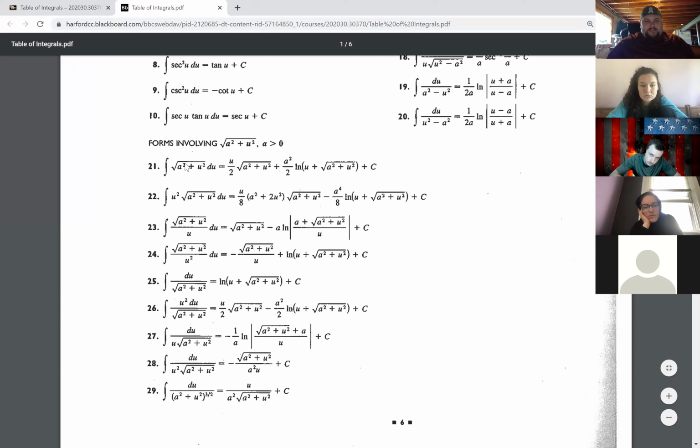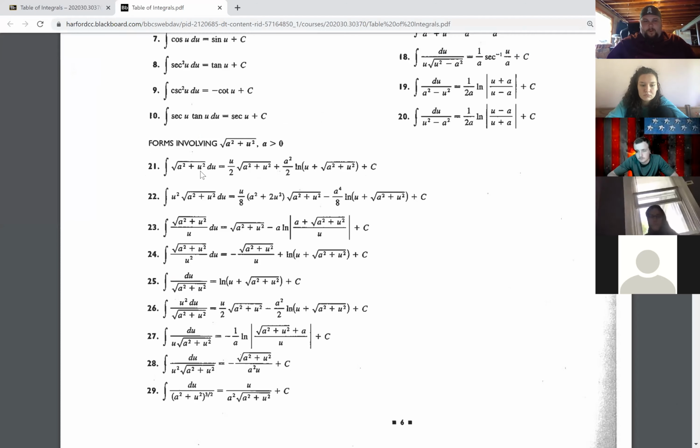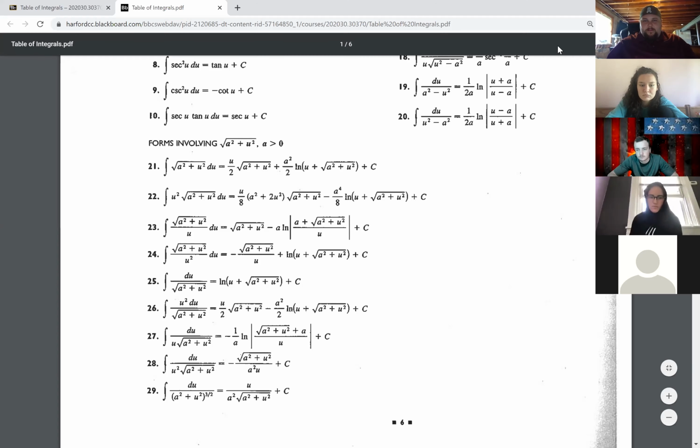Right, that's just a squared plus u squared, where a is going to be my square root of 5.